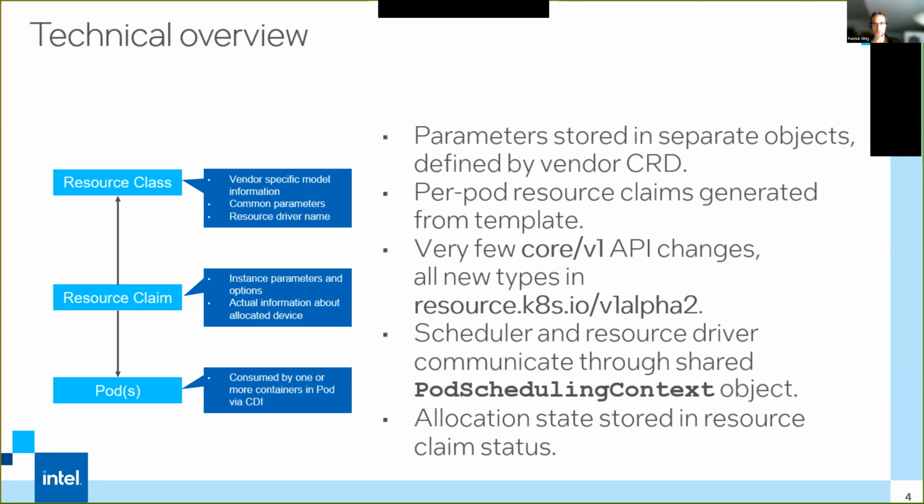This is like a CSI driver in a way, a Container Storage Interface driver. Then the ResourceClaim, that's the separate object created by the user together with his application. And the ResourceClaim is where the user can specify parameters, basically his requirements for the resource.